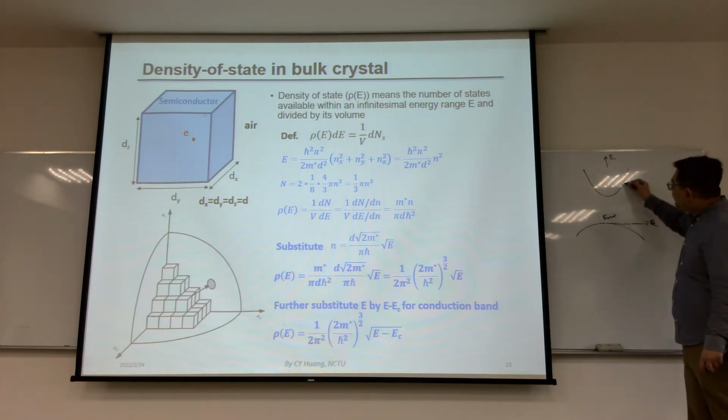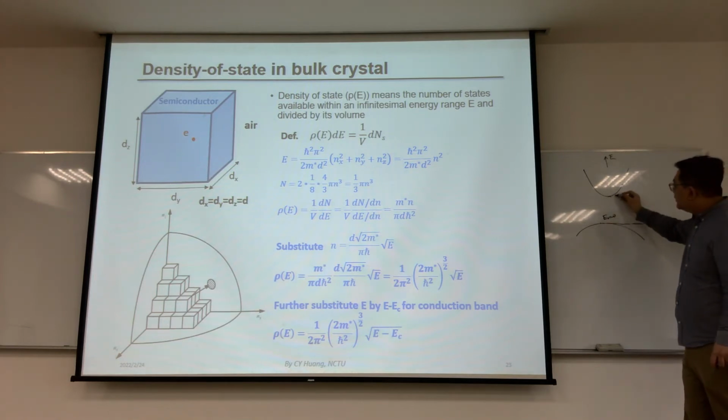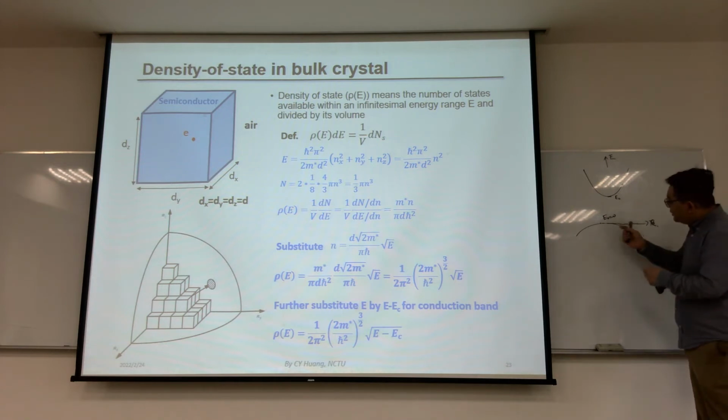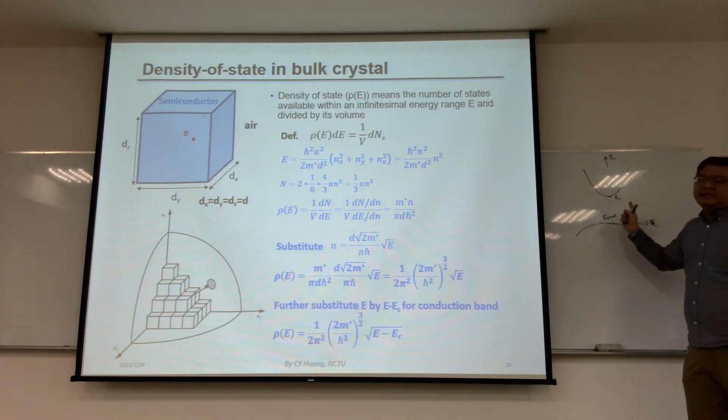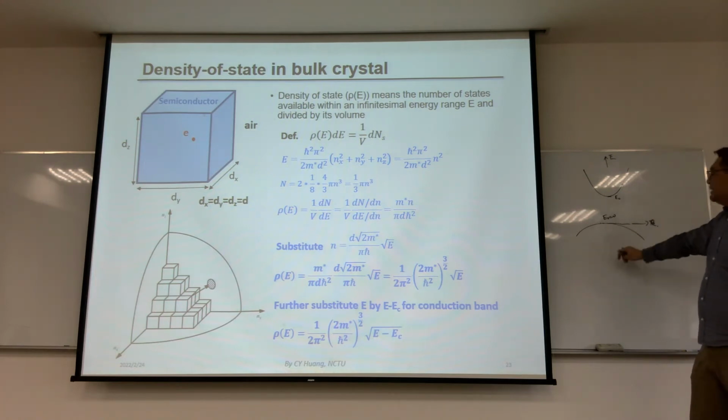So the point here, you are not referring to the energy here, you are trying to refer to the EC here. And the reason why we set EV as 0, actually it doesn't need any reason, it's just a convention. That will be easier for many people to unify the notation. We usually assume the top of the valence band to be 0.